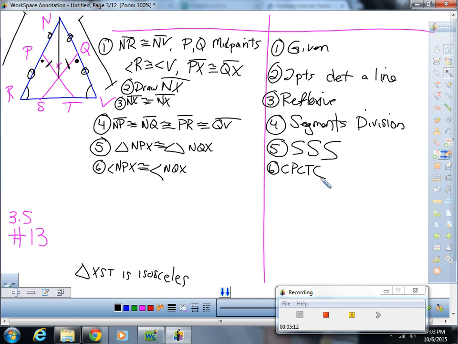Okay. Then I'm going to say that angle NPX is supplementary to angle RPX, and angle NQX is supplementary to angle VQX.